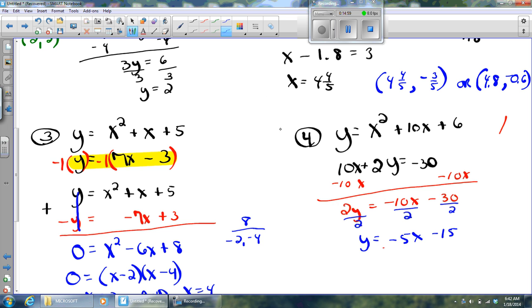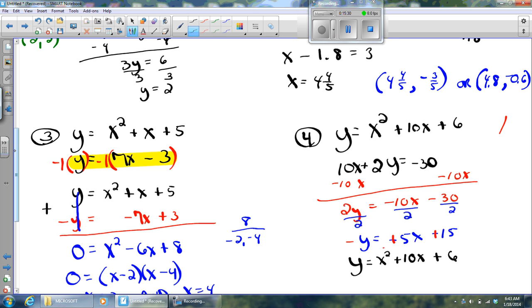Now I'm going to take time and multiply through by -1 to this blue equation. That'll change all three signs just like that, multiplying through by -1. Now my second equation, or my first equation I should say, is going to be y equals x squared plus 10x plus 6, right?